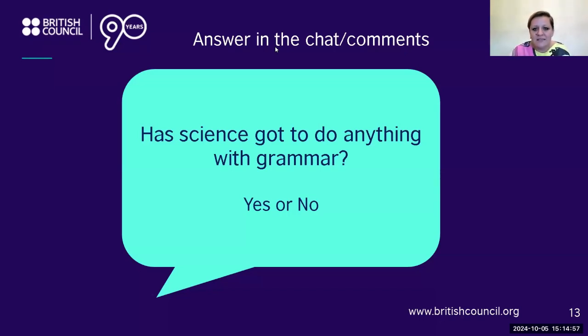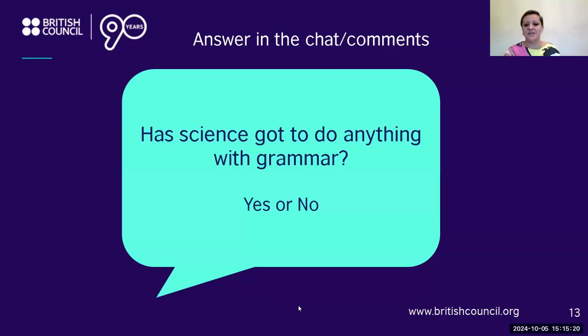Lami says yes. Surendra says no. Marina says yes. Simon Ewell says yes, it has rules. Ifedayo says it deals with language. Of course it does. Kader says yes, as science depends on rules. Okay, thank you, thank you.